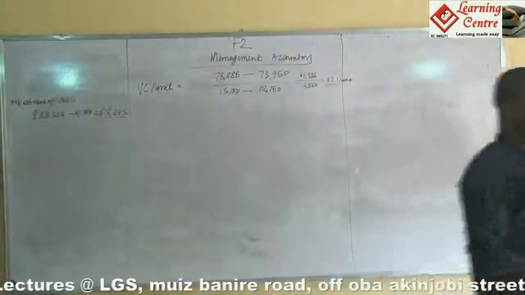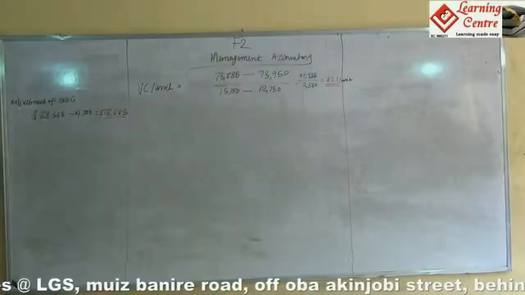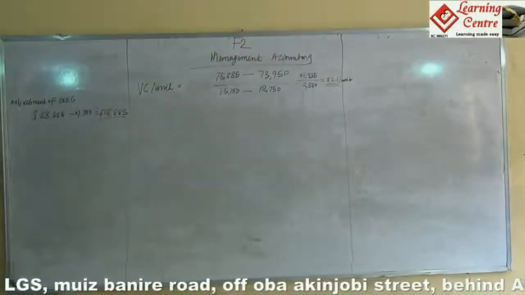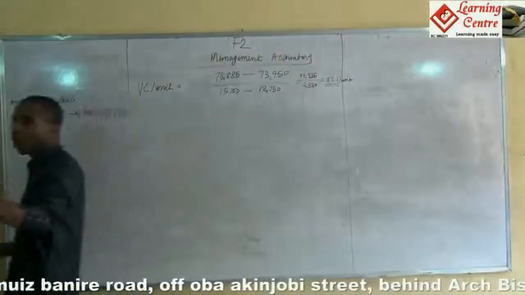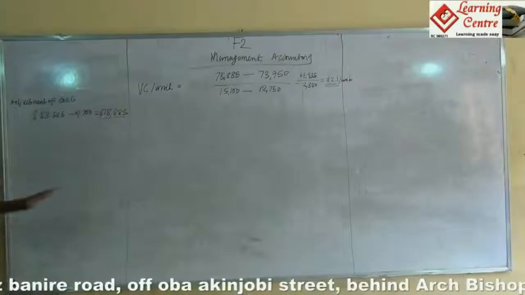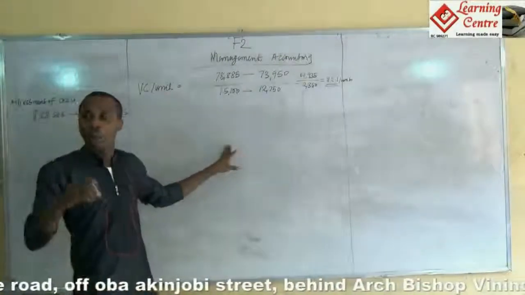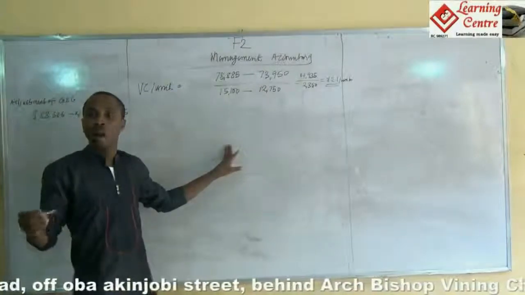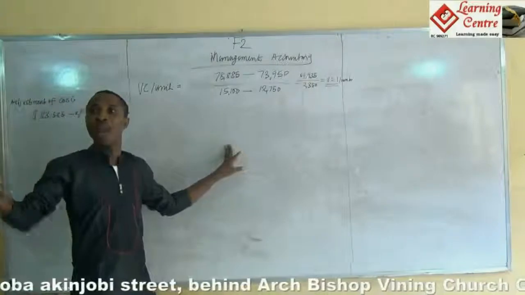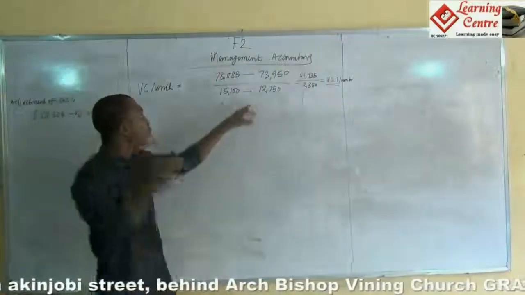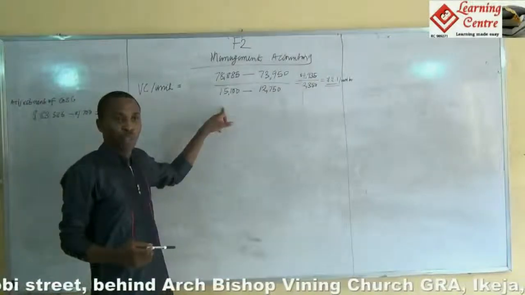I told you that the simplest way to handle this, so that you can avoid complication, is to calculate the fixed cost. That was our approach in this class, and it's still the same approach. In the study text, they use the highest level, but I'm saying that it could be confusing.